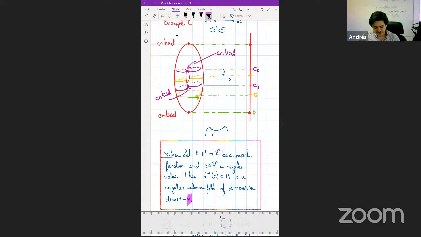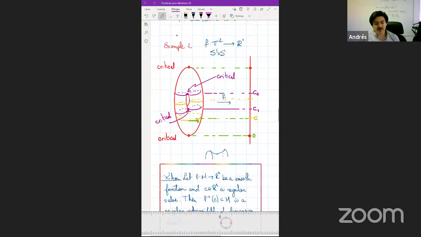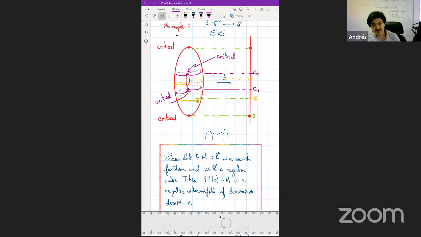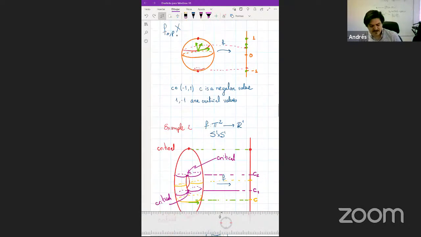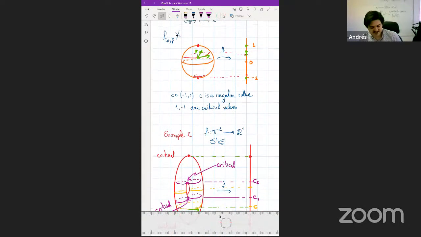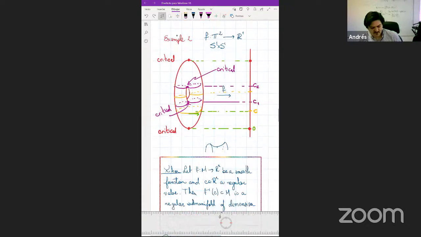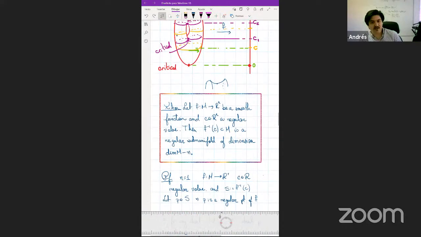Okay, then, so let's prove this. We will see more examples of this result, which are more interesting than these ones, but nonetheless, these examples are a good motivation for critical points, critical values, and so on.